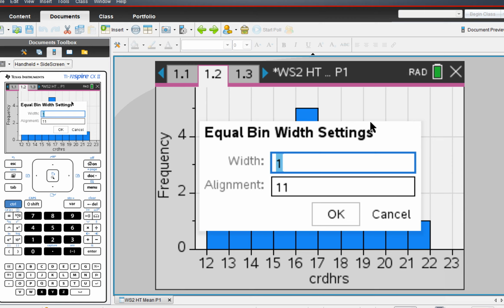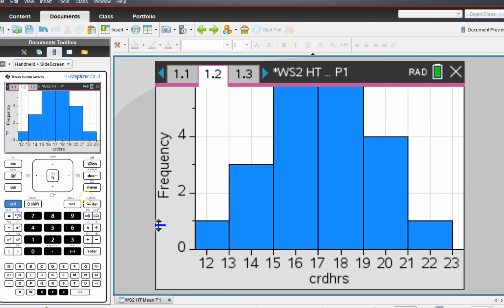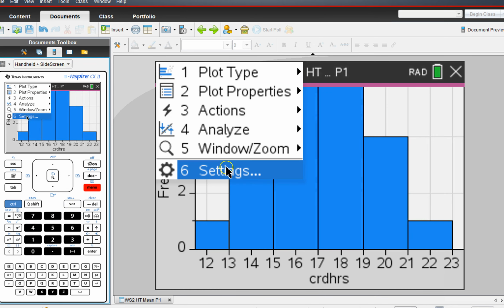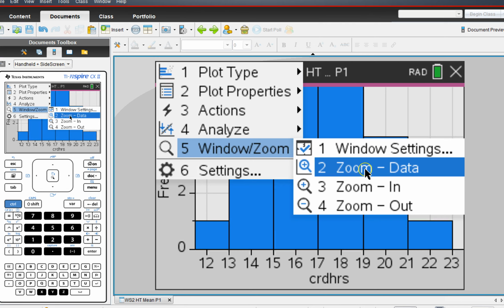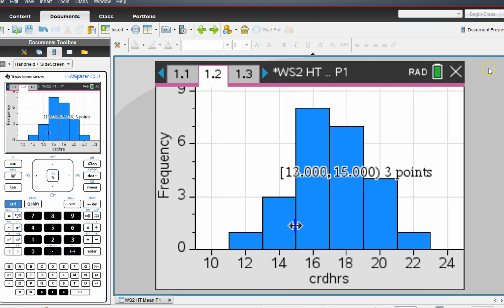Okay, so we can just use 2 right here. Just use 2 and then hit OK, and then zoom out so we can see the general shape of the sample data distribution. Okay, so it's really like a unimodal, and we could say roughly symmetric.